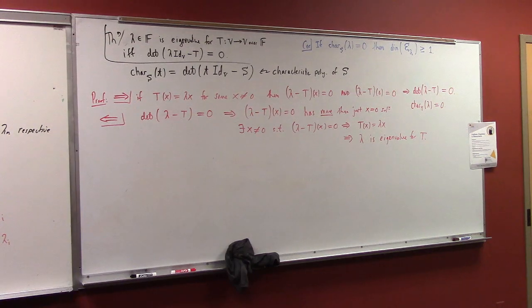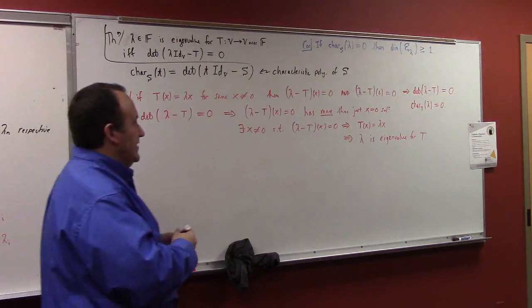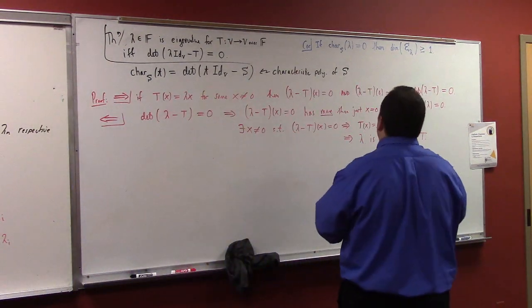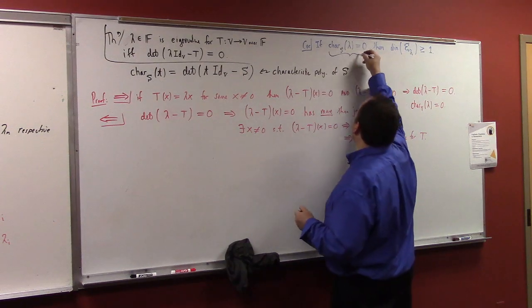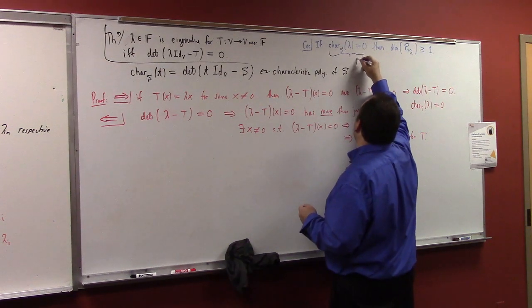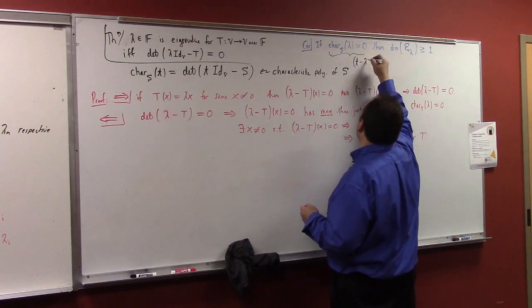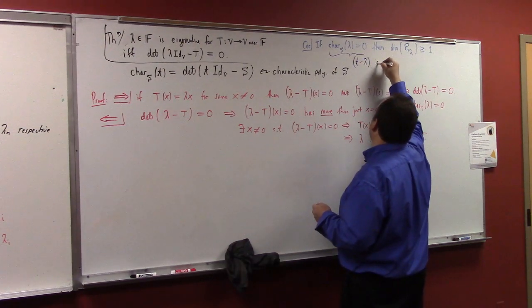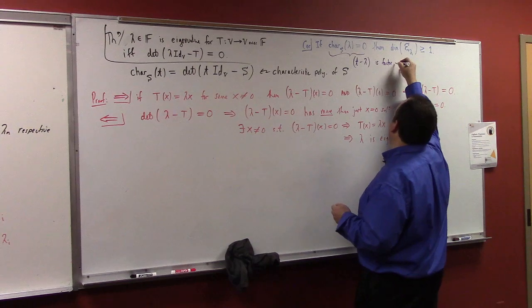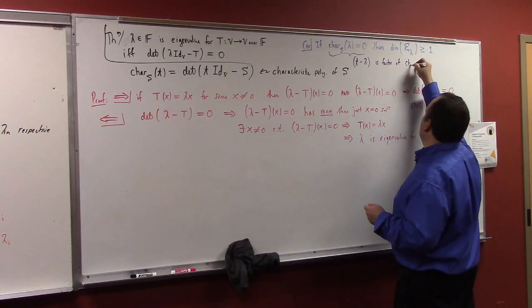And by the way, just from an algebra perspective, what else can we say about what that means for the characteristic polynomial of S? I'm thinking of lambda as a fixed root, but I'm going to think about this in terms of the variable t. In terms of the factor theorem, this means that t minus lambda is a factor of this, right?